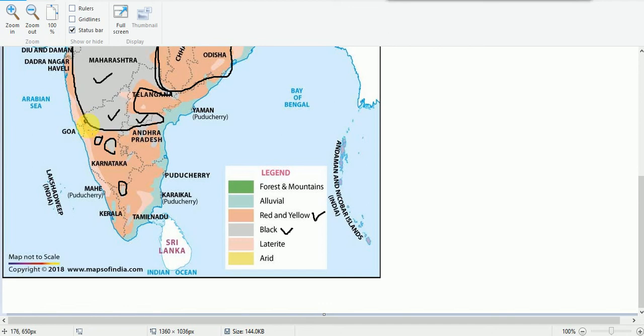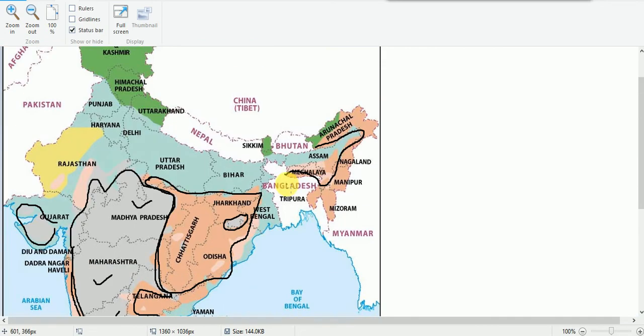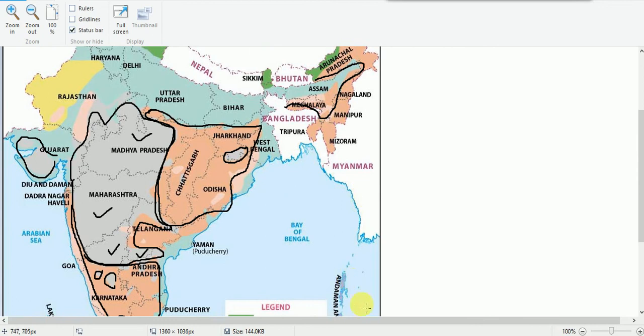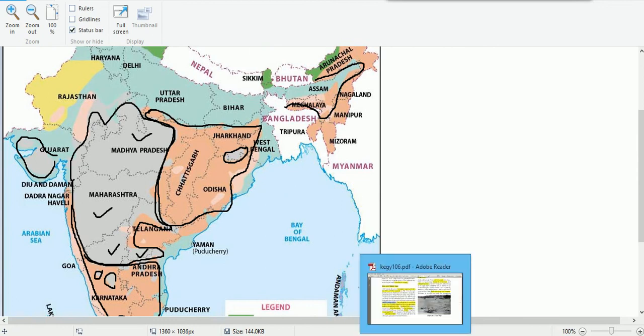Here in South India also, see southern part of Andhra Pradesh, then western part of Tamil Nadu, then Kerala, Karnataka. So this is along the foothills of the Western Ghats. So in these areas we find red and yellow soils.